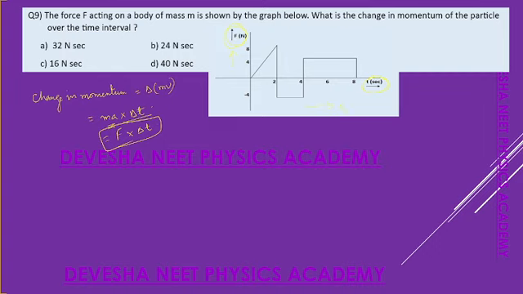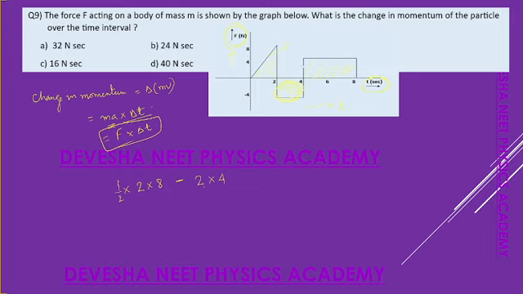Okay. So what will be the change in momentum, which is the sum of all these areas, right? This area plus this area plus this area. Okay, so how much is this area? So the triangle area is half into base, which is 2, height is 8. Okay. The second part is on the negative side, so it will be minus 2 into 4. Okay, why 2? Because 4 minus 2 is 2. And what is the height? 0 to minus 4 is 4.